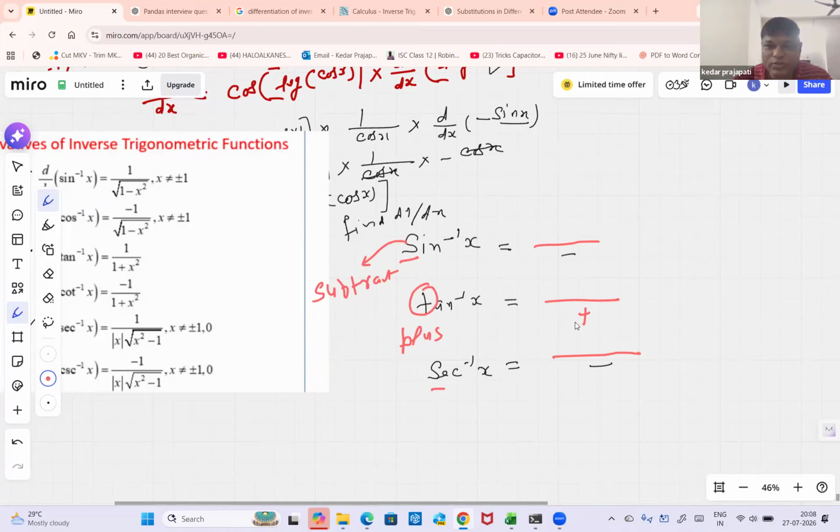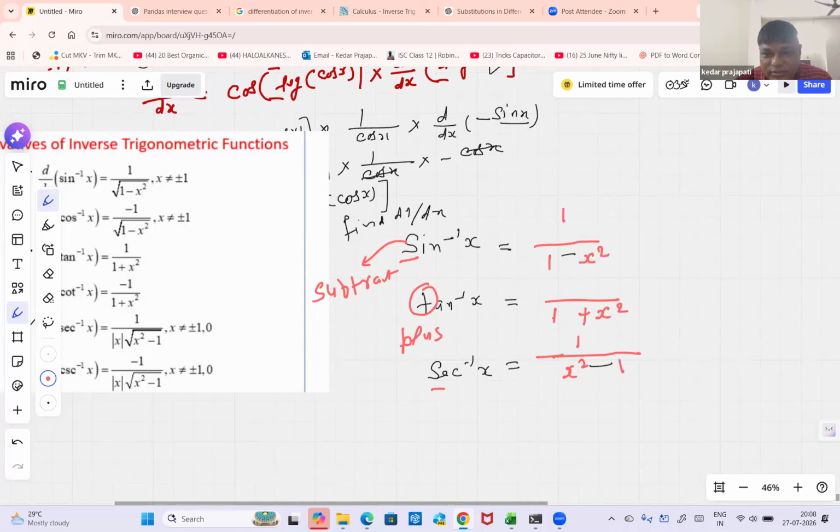What I'm going to do is sine inverse x is nothing but 1 by, x square. Here x square, and in secant it will come x square first. Then write one here, one here, one here.